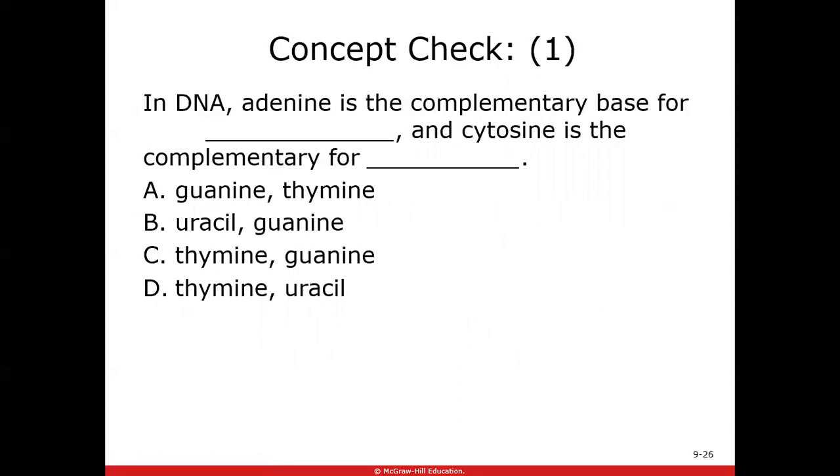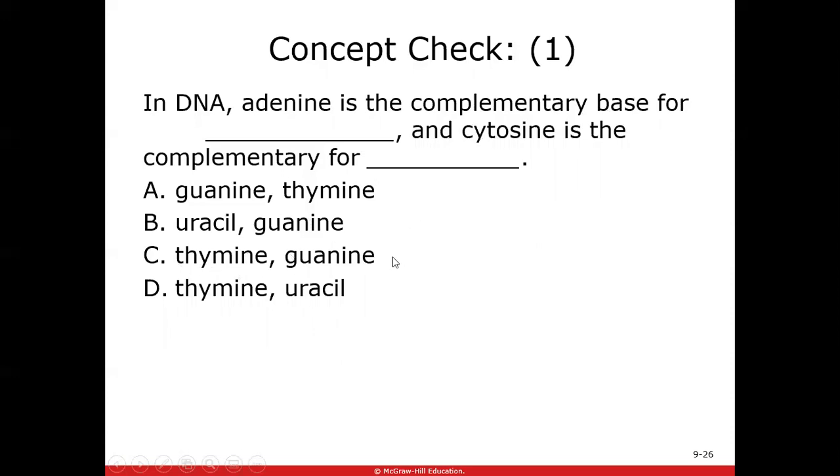So here's a concept check. In DNA, adenine is a complementary base for what? And cytosine is a complementary base for what? The answer is: adenine pairs with thymine, cytosine pairs with guanine.